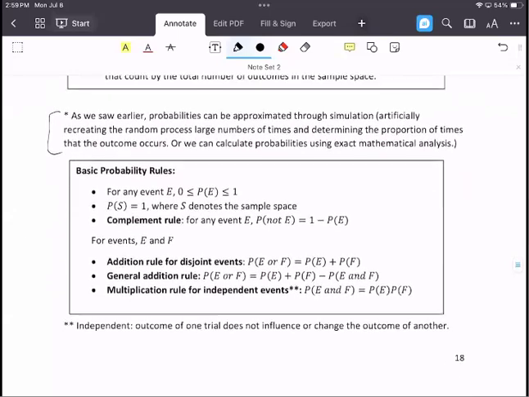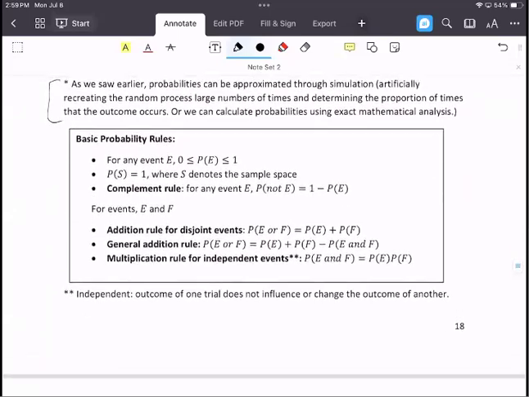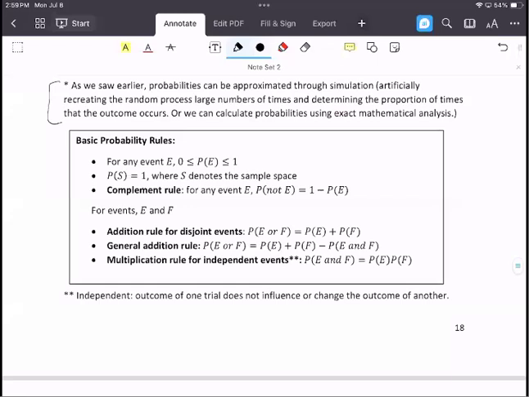Now, let's pull together some basic probability rules. We've already touched on a couple of these, but let's make sure we've got them all in one place. For any event E, the probability that E can happen is between 0 and 1 inclusive. So the probability cannot be a negative number, and it also cannot be greater than 1.